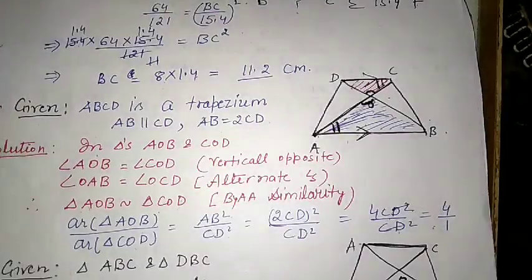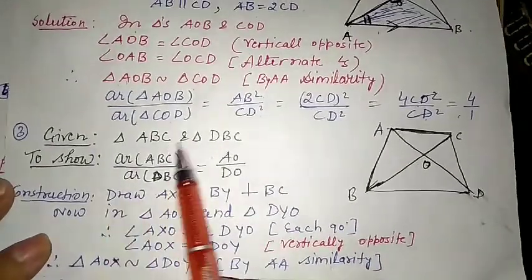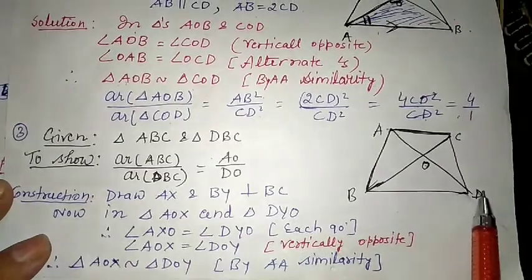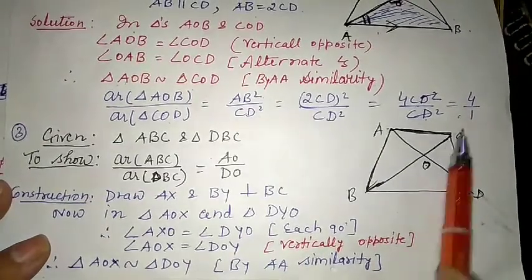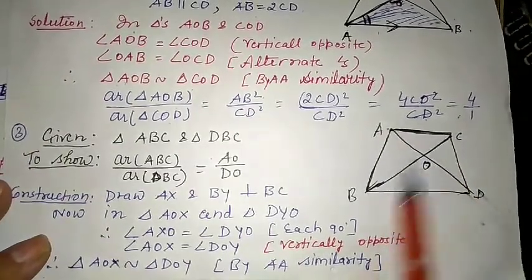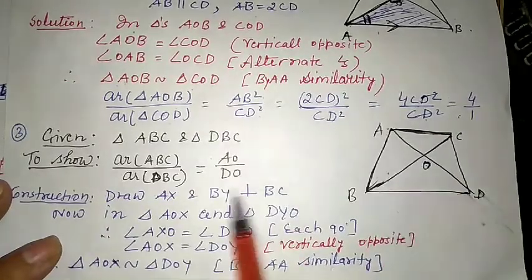That we have to do. For this, given triangle ABC and this is DBC on the same base BC. Both are given on the same base BC.